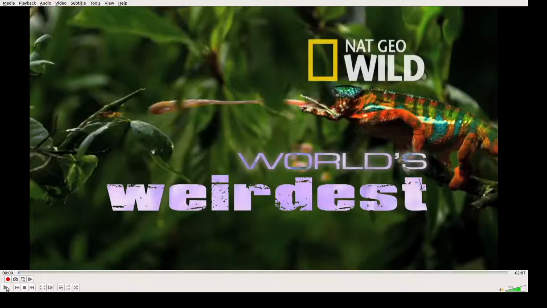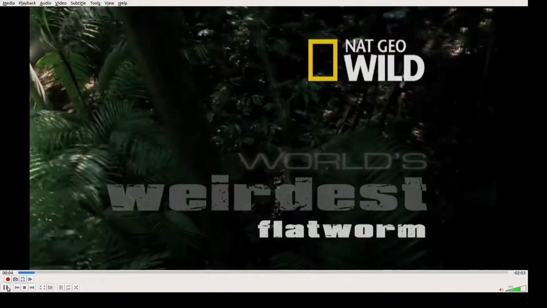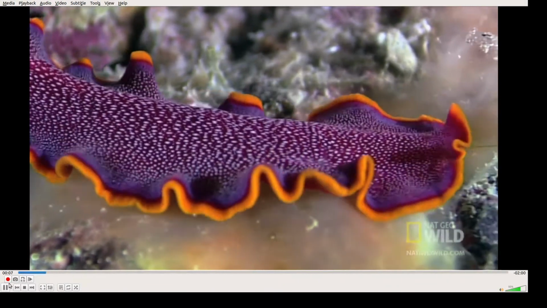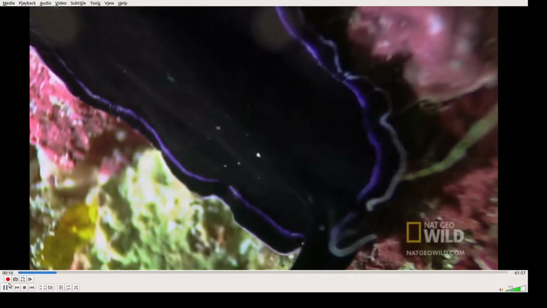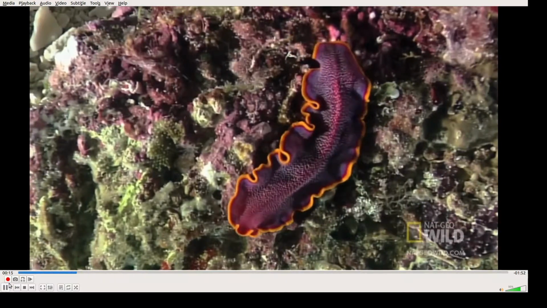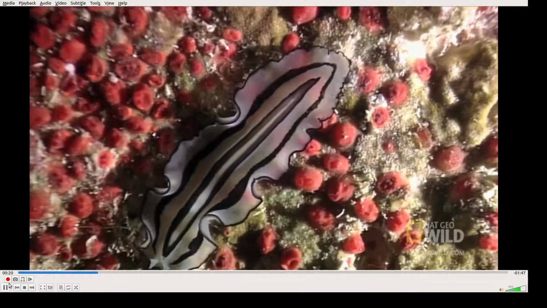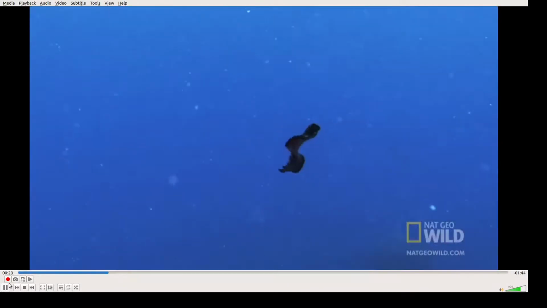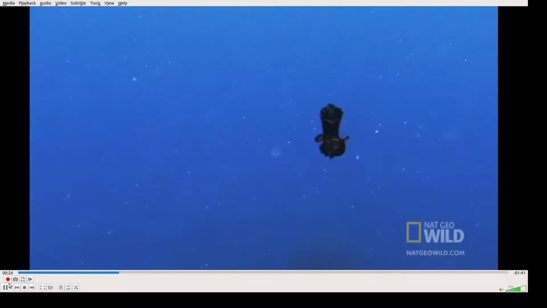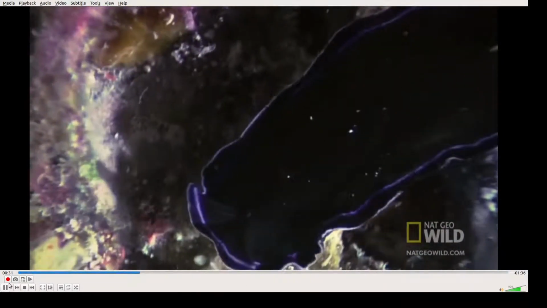So here's an example of mating in mobile flatworms, which are also hermaphroditic. Simultaneous hermaphrodites. Flatworms have both male and female sex organs. But when it comes time to make little flatworms, they have to decide who plays which role. And that they fight over.